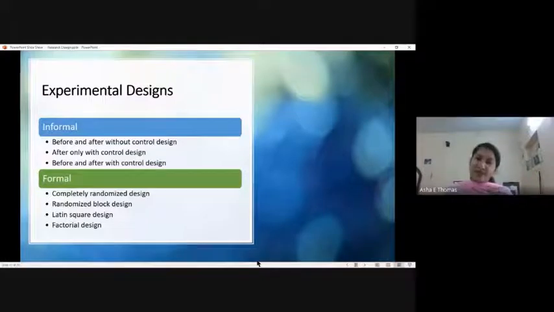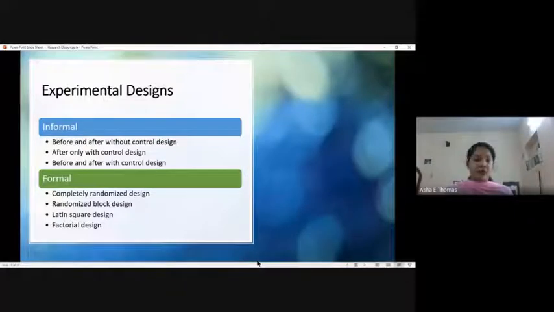That's why I always suggest that when you go with your PG projects, your MPhil projects, or even your PhD thesis, please remember that some of these designs would be suitable for you because they are acceptable. Over the years, people have realized the importance of such models, such designs. They've already proved that these designs work with respect to social science. So that is why we discuss them with greater importance.